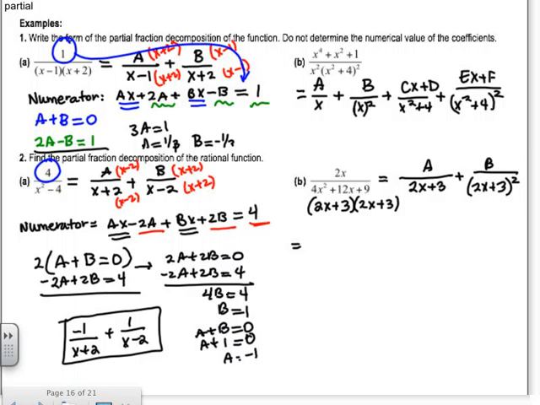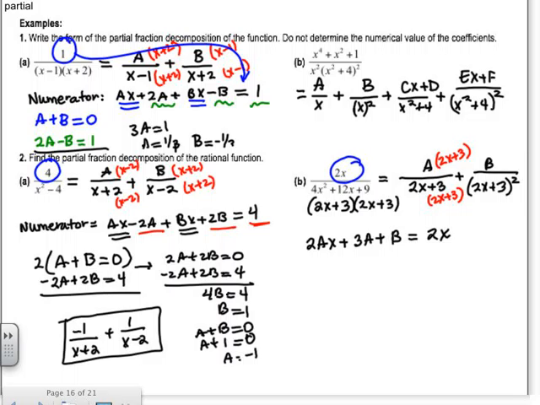Okay. So when I think about my numerators, I need another 2x plus 3 on the first one. So I would have A times 2x, so 2Ax, plus A times 3, so 3A, plus B. All of that's going to equal the original numerator, which was 2x. There's x's in this one.